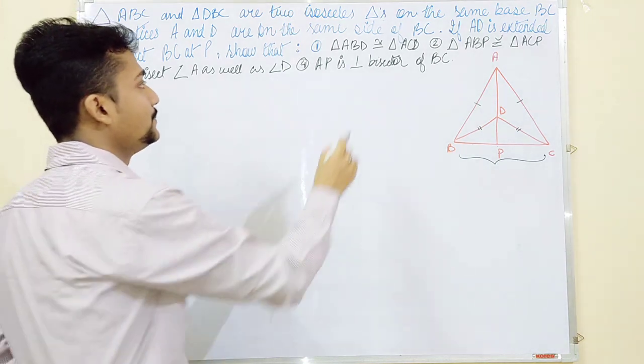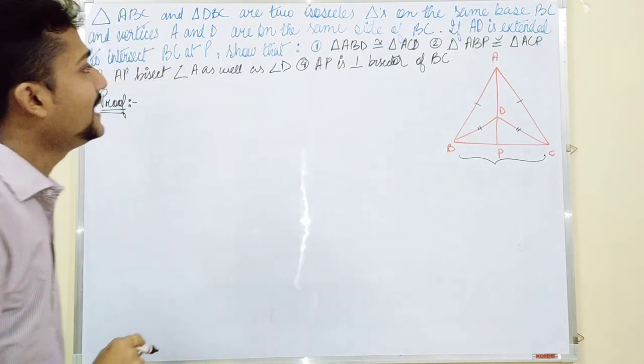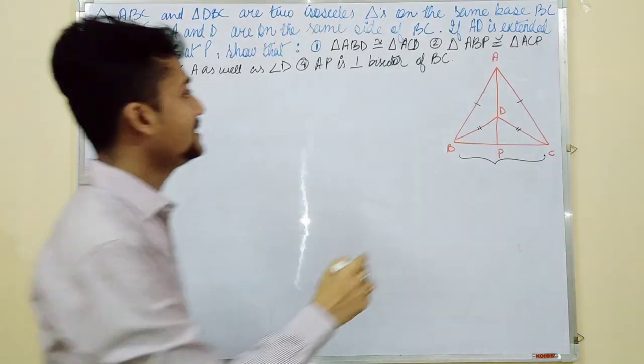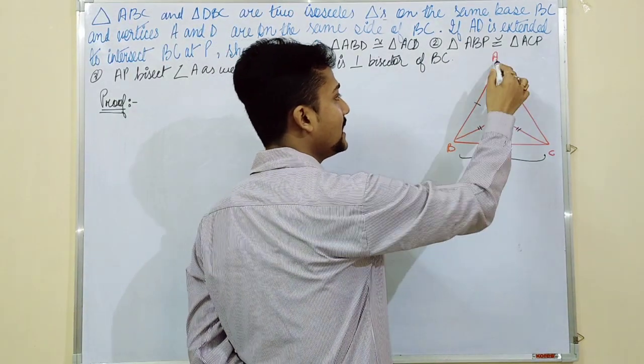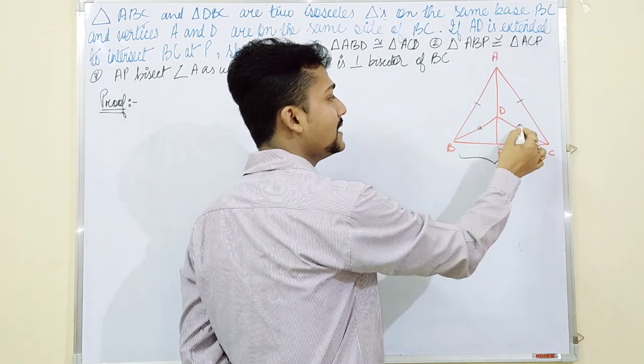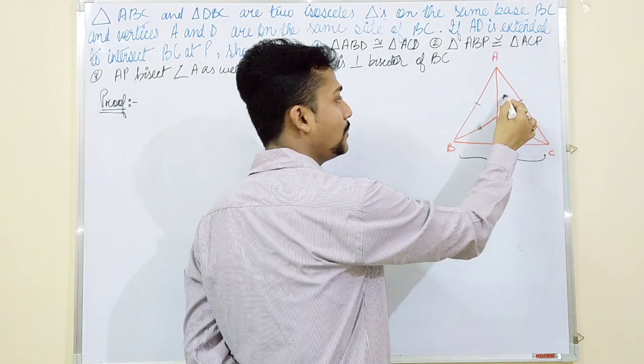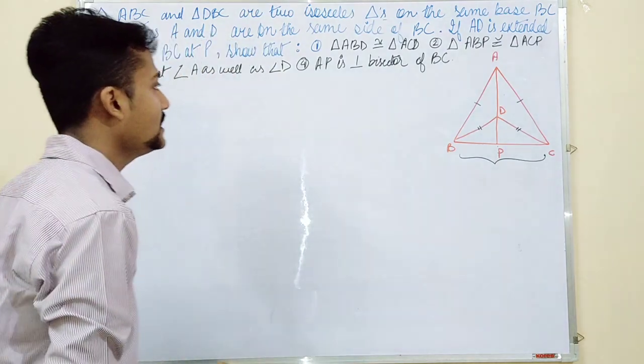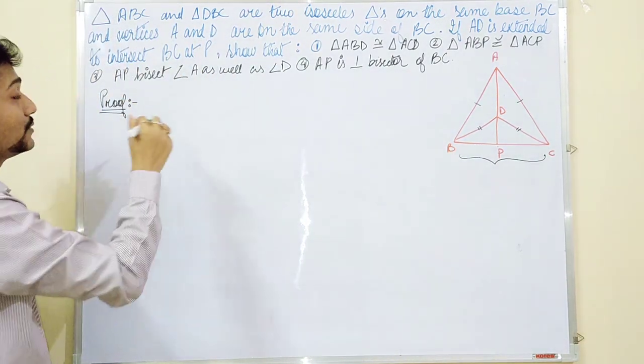Okay, this particular triangle ABD and triangle ACD, how can we prove them? This side is equal to this side, this side is equal to this side, and this side is common, isn't it? AD is common, so we can easily prove that they are congruent to one another.